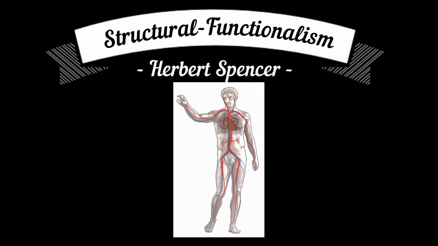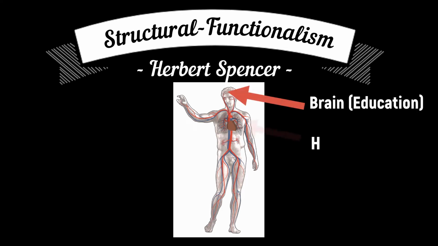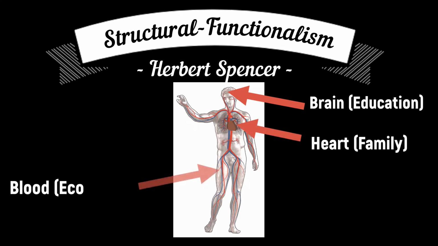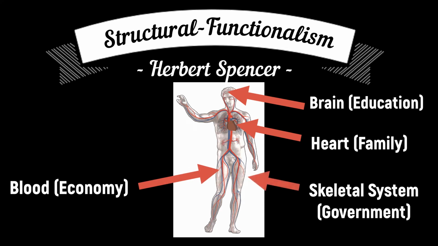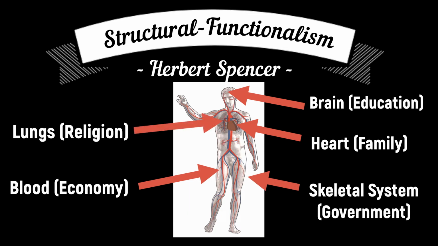So let's say that the brain represents education, the heart represents family, the blood circulating the body represents the economy, and the skeletal system, which holds a person up, represents government, and the lungs represent religion. Education, family, the economy, government, and religion are known as social institutions.